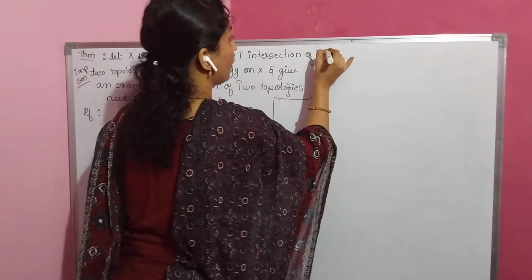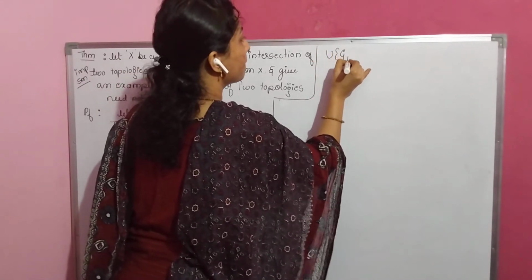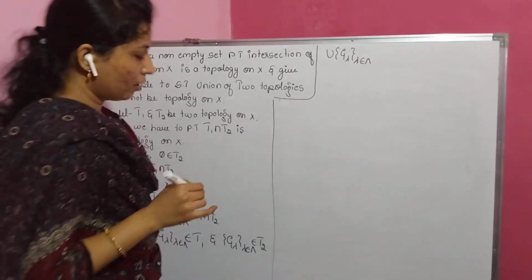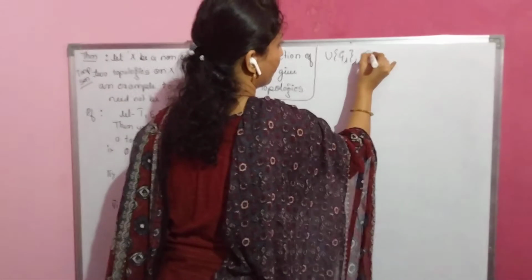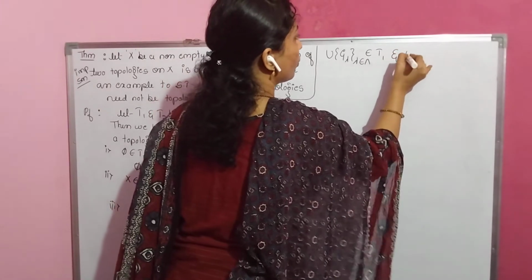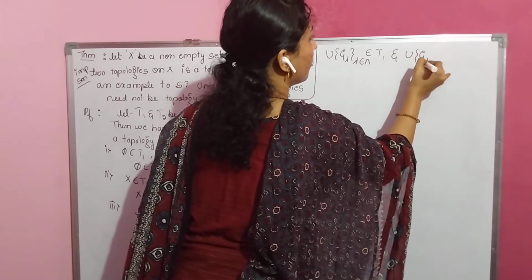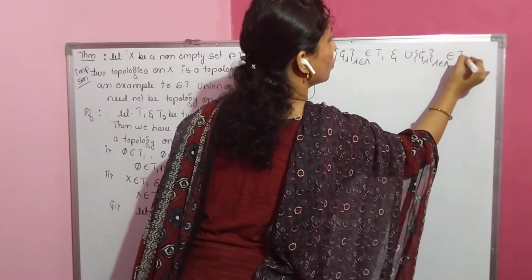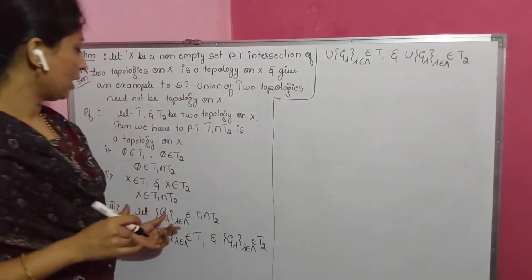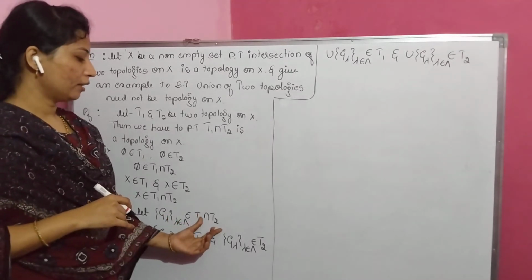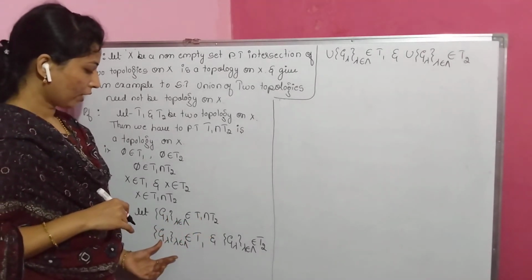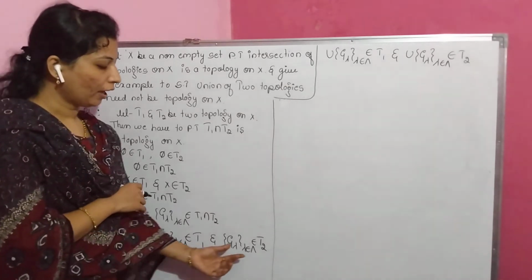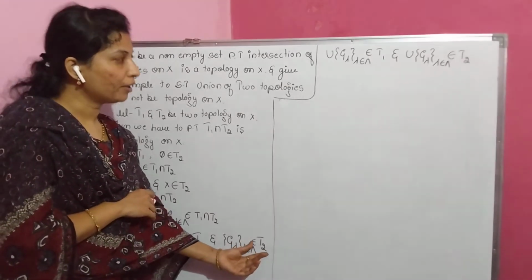of G lambda belongs to T1 and union of G lambda belongs to T2. It means G lambda is an indexed set that belongs to T1 intersection T2, and this particular indexed set is an element of T1 and the indexed set is an element of T2.